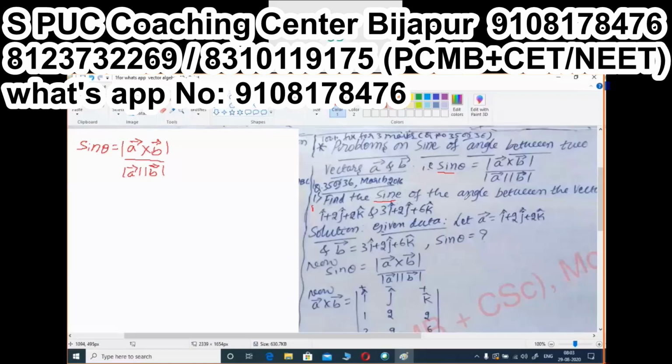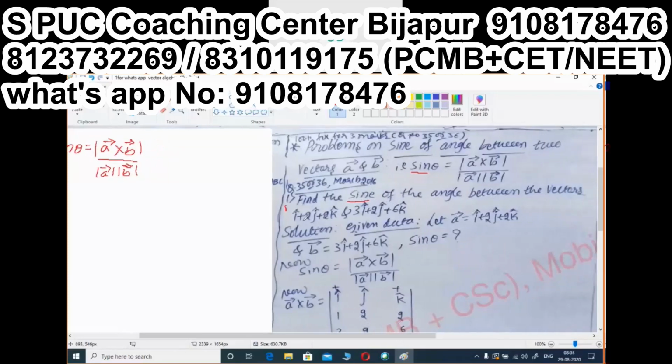Find the sine of the angle between the vectors. Whatever vectors he has given, let us take the first as the A vector and the second as the B vector. The first vector he has given is i cap plus 2 j cap plus 2 k cap, and the second vector is 3 i cap plus 2 j cap plus 6 k cap.